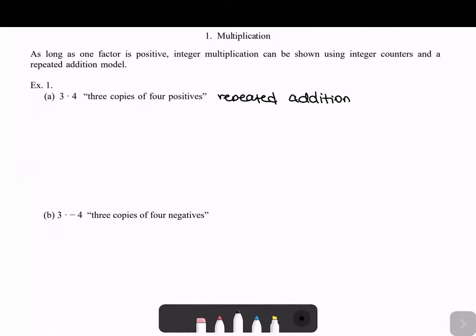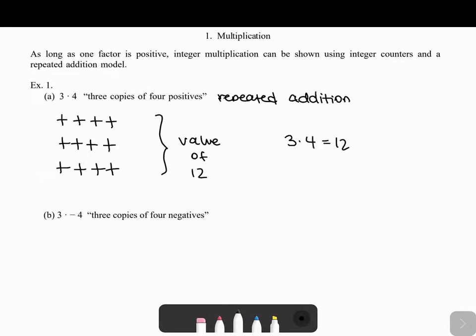Whenever we do that, we write one copy of our 4 positives, and then a second copy of our 4 positives and a third copy of our 4 positives. Once we have all of that written down, we find the total value. All of this has a total value of 12 positives, so that tells us that 3 times 4 is 12.